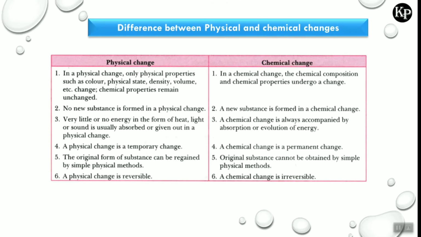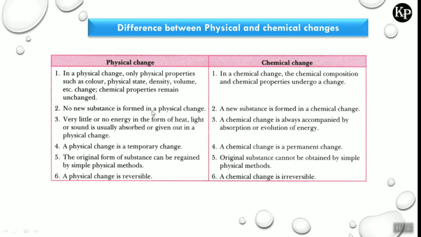Now see the difference between physical and chemical changes. You can see here in the physical change, only physical properties such as color, physical state, density, volume, etc. change. The chemical properties remain unchanged. But in the chemical change, the chemical composition and chemical properties undergo change.